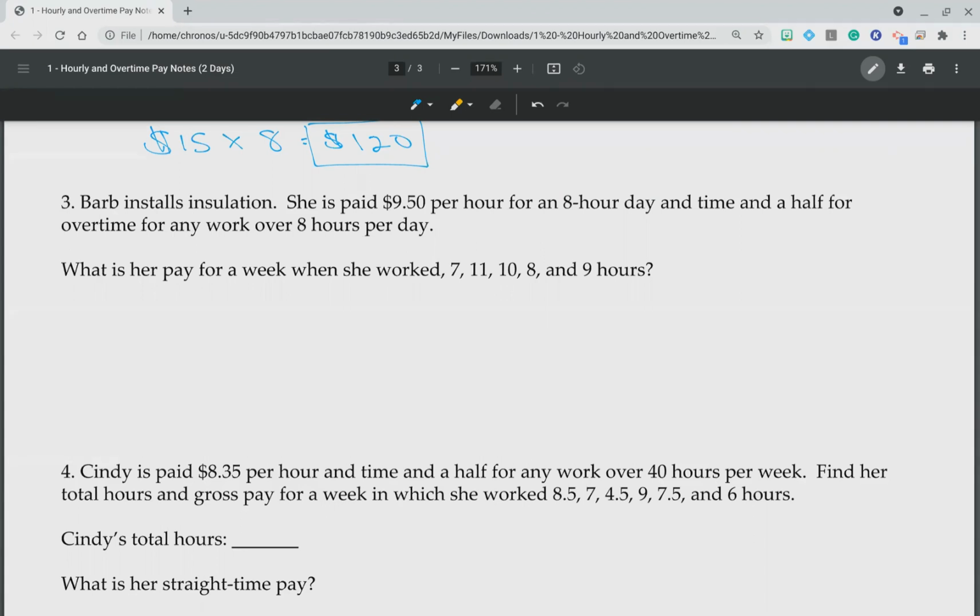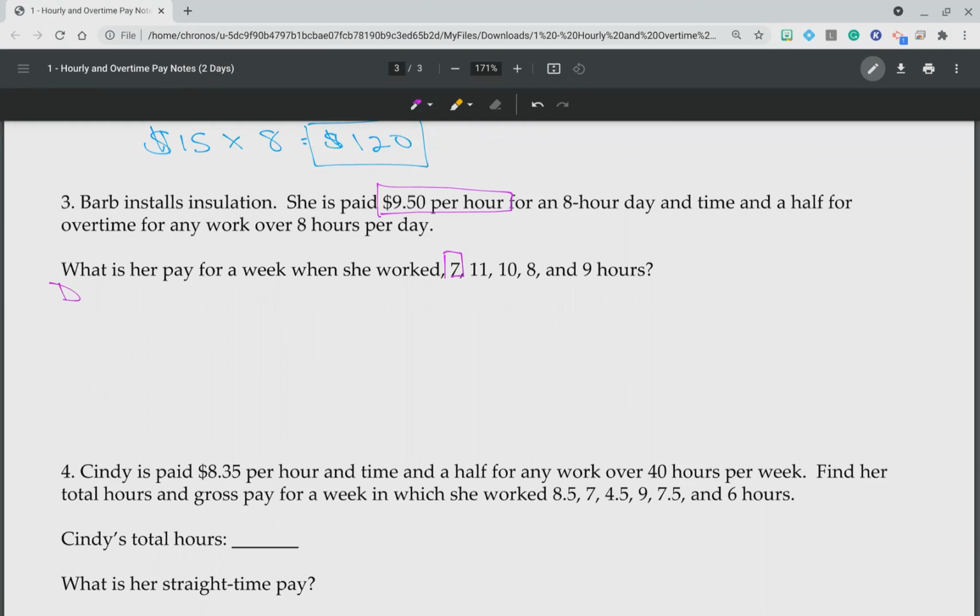Okay, so let's set this up. Let's see, day 1, she worked 7 hours. Okay, that means she made $9.50 per hour for that day with no overtime.